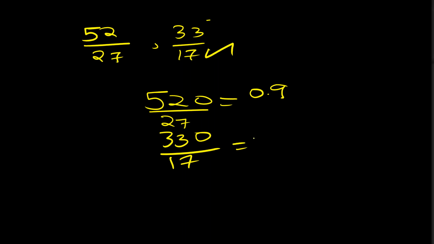If I do this, I'll get some value, again 0.9. So both are similar, and the second value will have some changes. So see how many steps I'm supposed to do with normal calculation. This is the reason we have some shortcuts.